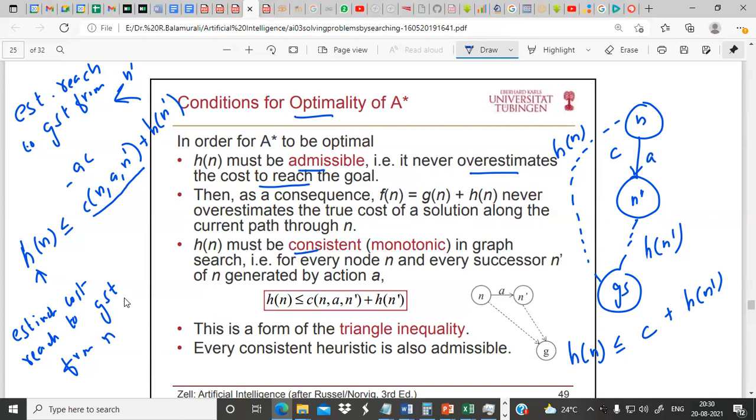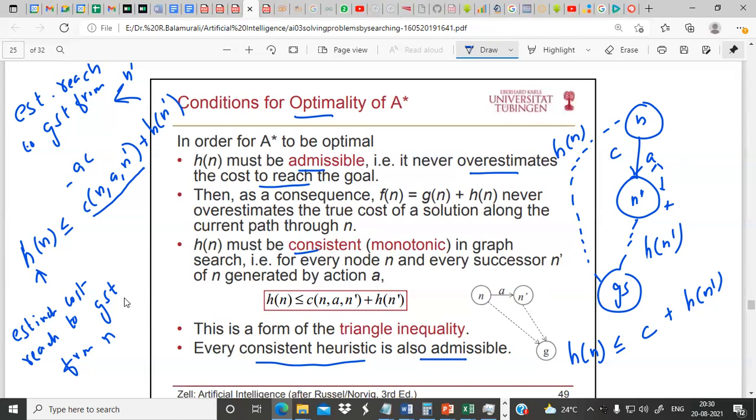Because this is the actual cost, when you add this actual cost with this h of n dash, then h of n should be less than that. It should not become greater than that. It can be less than or equal to, but it should not become greater than. Then h of n is called consistent. And every consistent heuristic is also admissible.